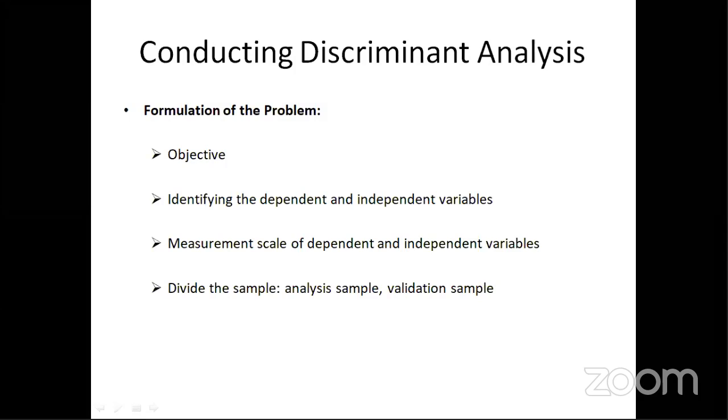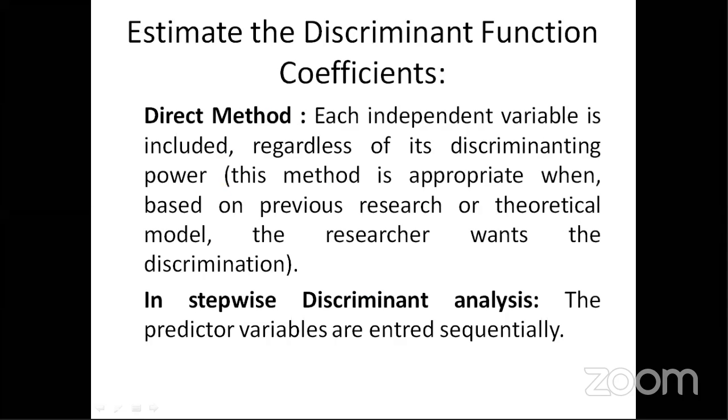The first is the analysis sample and the second is the validation sample. We will conduct discriminant analysis on the analysis sample, and then finally we will check that analysis with the validation sample. So now the next step is estimation of the discriminant function coefficient.